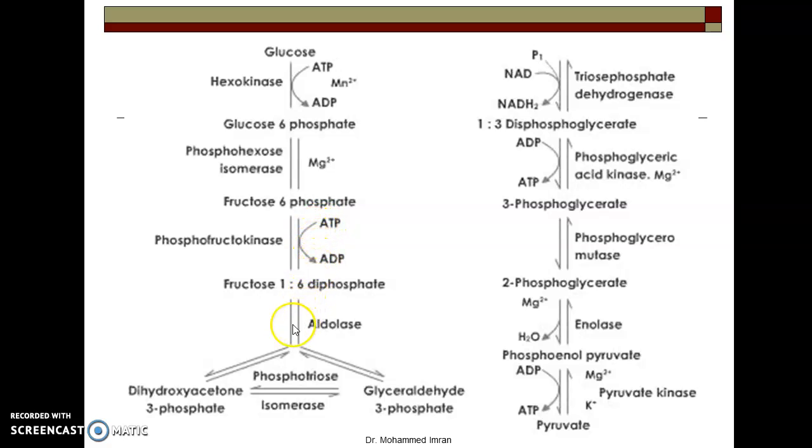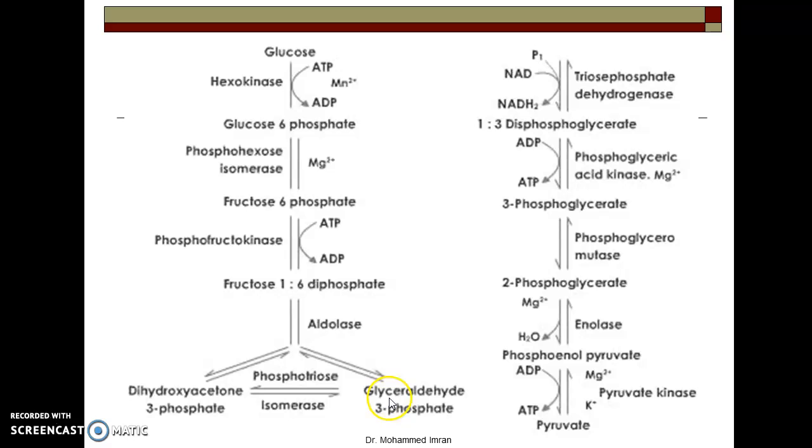Now, the next step is, here fructose 1,6-diphosphate may either directly convert into glyceraldehyde 3-phosphate, or it may take two steps to get converted into glyceraldehyde 3-phosphate.